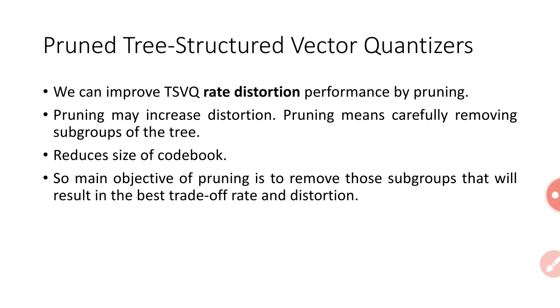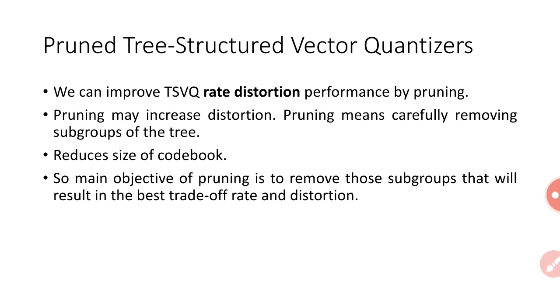If you remove some of the code vectors or subgroups in the tree, then you will have fewer code vectors in the codebook, right? So the rate will also be reduced.